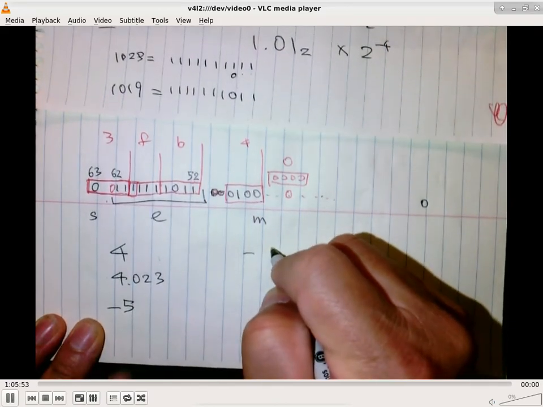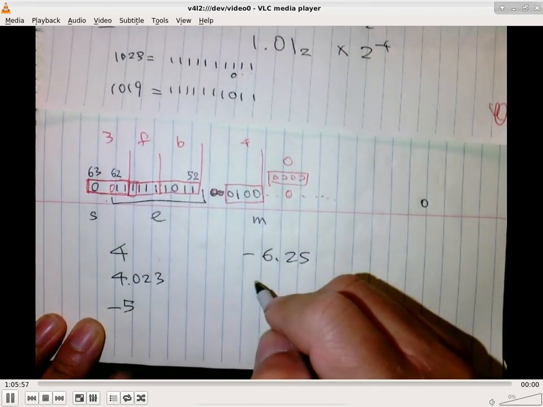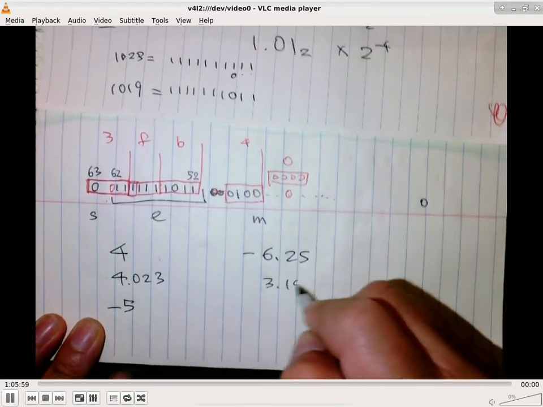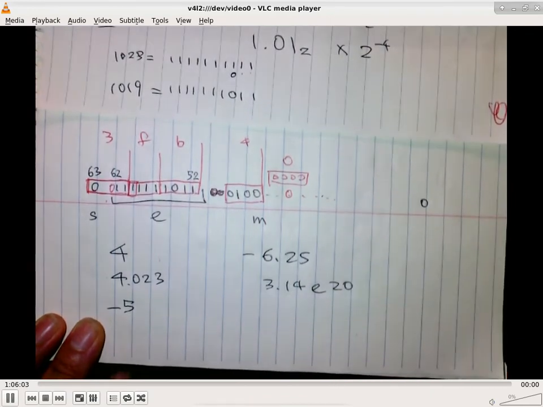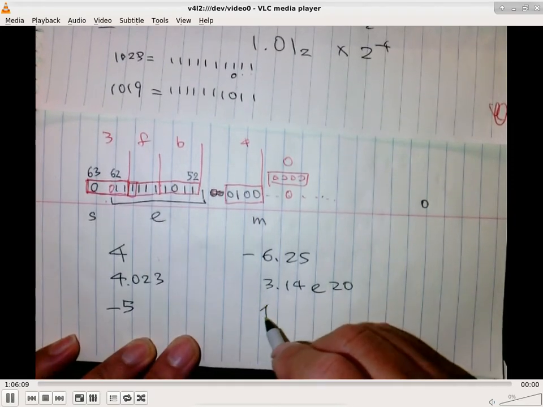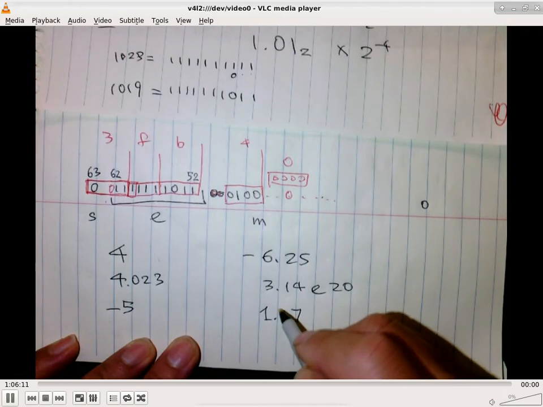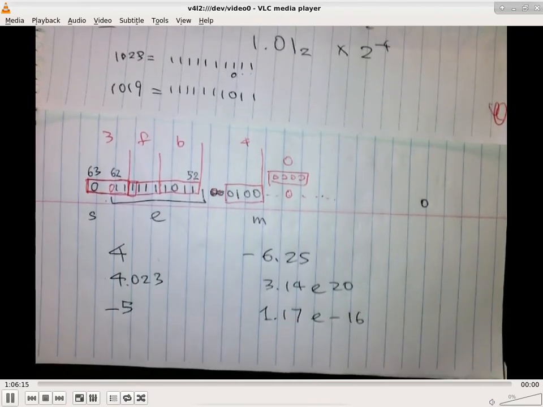Negative 6.25. 3.14 E20. That's a value, it's not pi. Yeah, okay. What about 1.17 E -16? So these are all possible ways to enter a number.